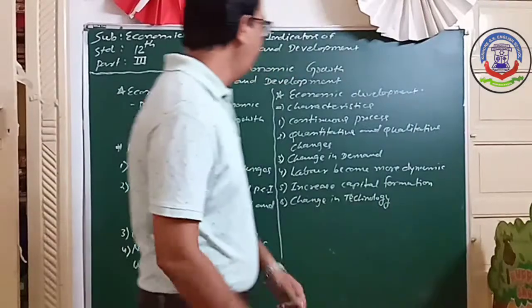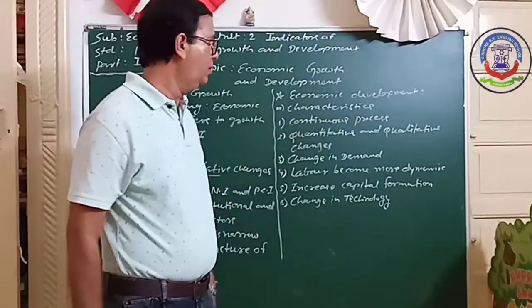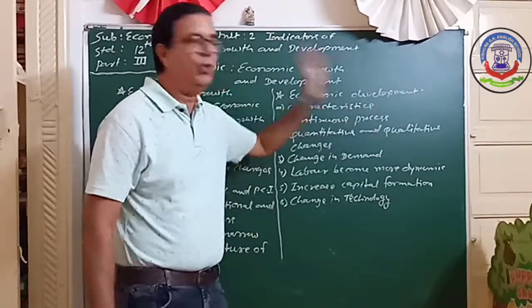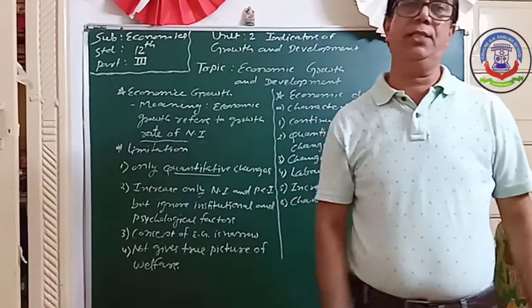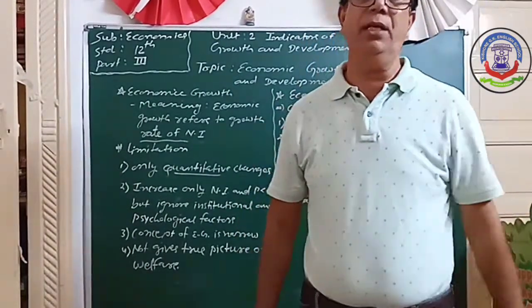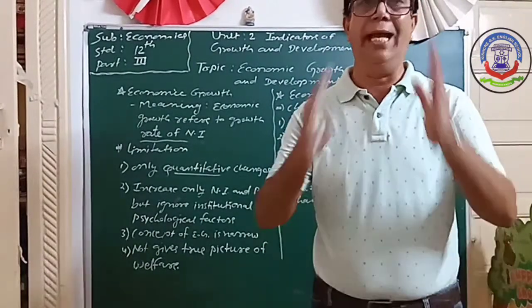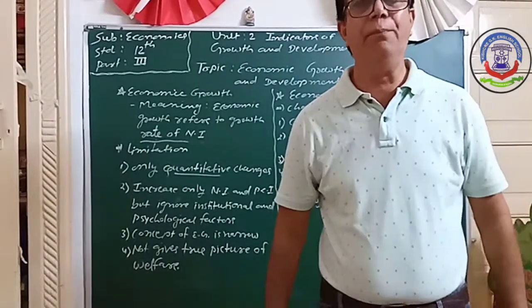Now we see the characteristics of economic development. First one, continuous process. Economic development is a continuous process. That means increasing the national income, the per capita income, standard of living, psychological development, institutional development, social development.